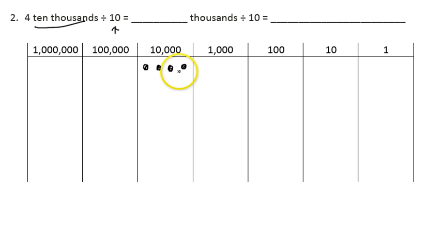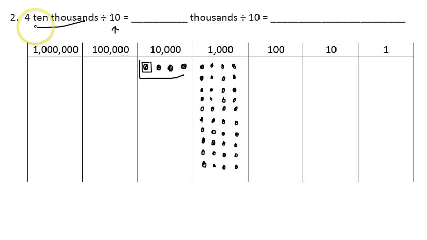So we'll decompose each of these discs into 10 groups of 1,000. 10,000 is the same as 10 groups of 1,000. And I'll do that for all 4 of the discs. Now that I've decomposed each of these and moved them over, you can see that altogether we have 40 thousands.